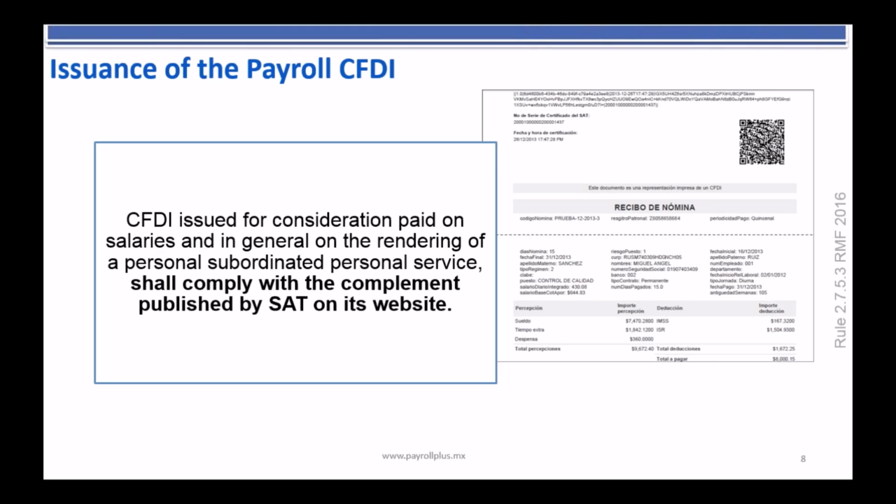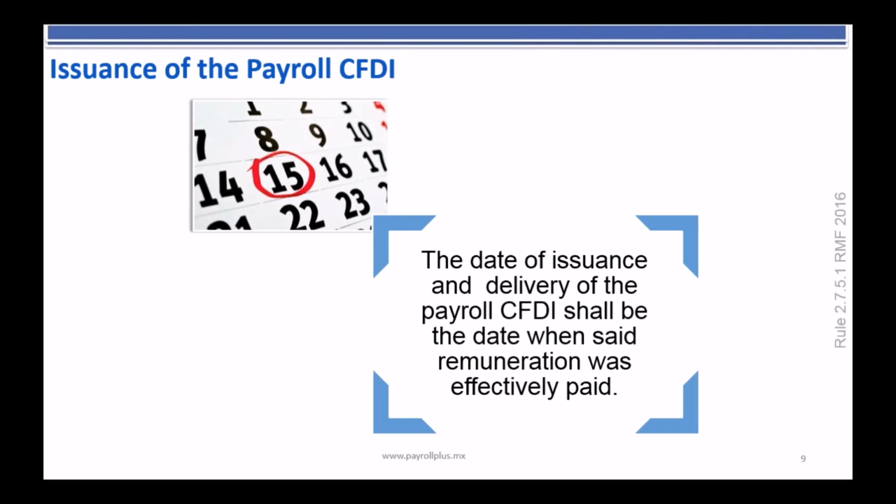So that means we have to make the CFDI, but also include the special complement that the authority has required whenever there's the payment of salaries. So now, when do we have to prepare and issue the CFDI?